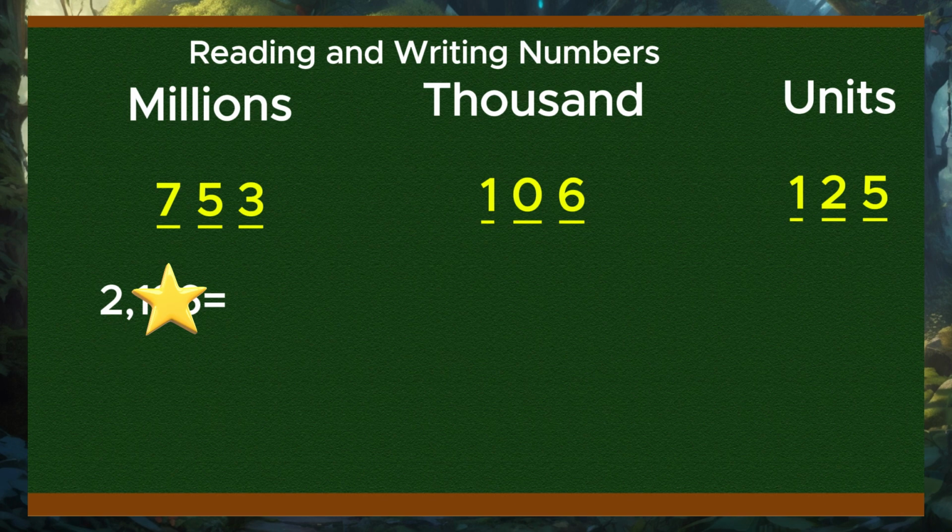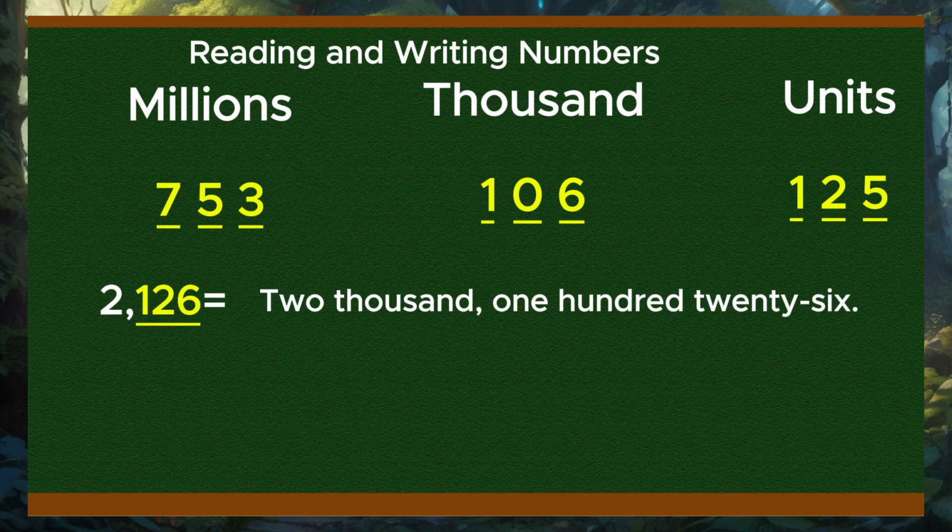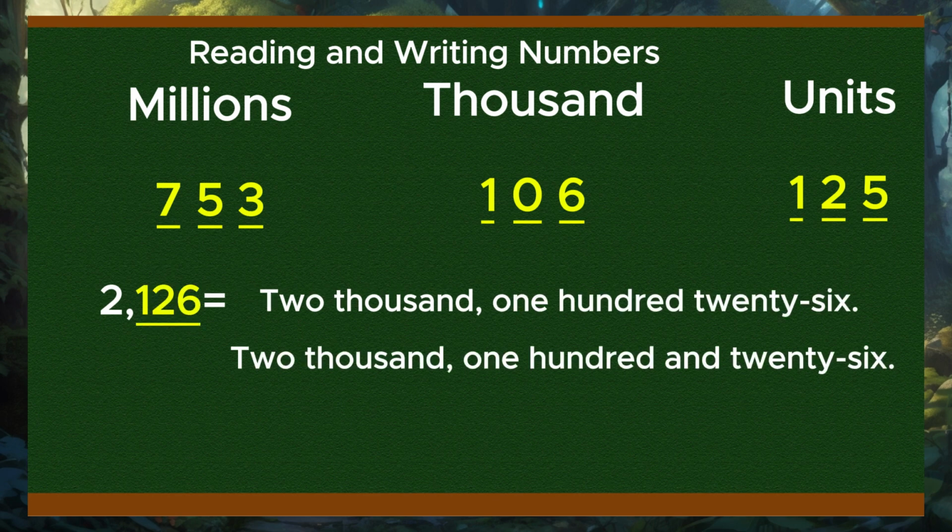Now, how would you call this number by itself? It's 2, and we have to end with thousand because this category is thousand. And then finally, we have the 126. So together our answer is 2,126.